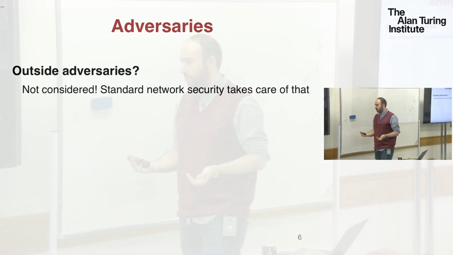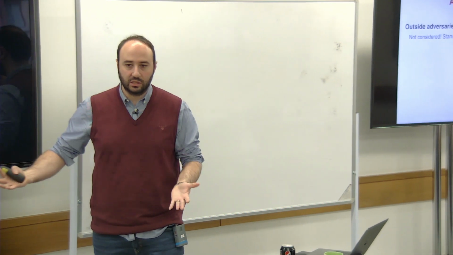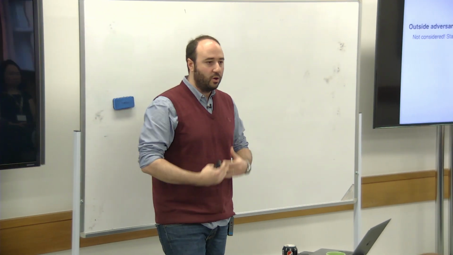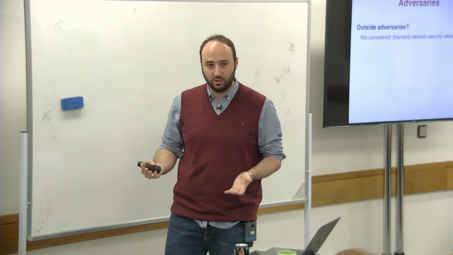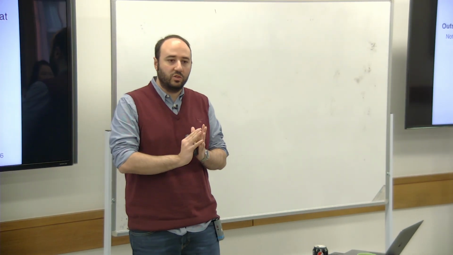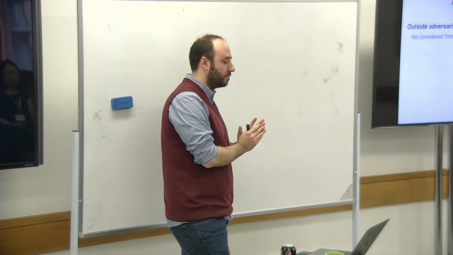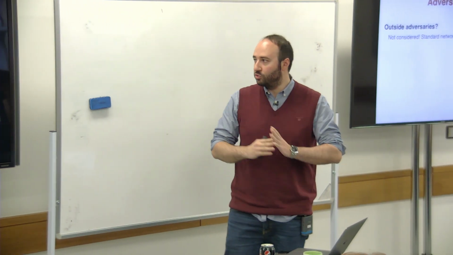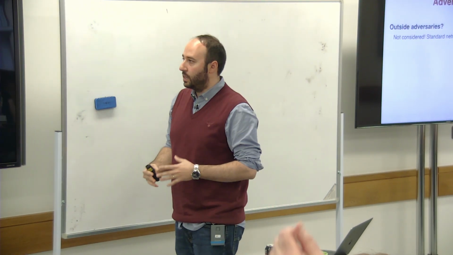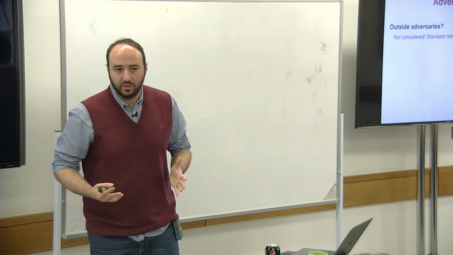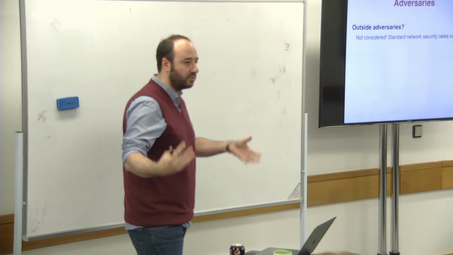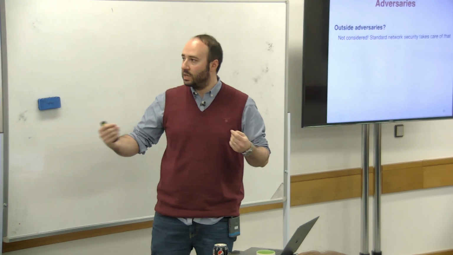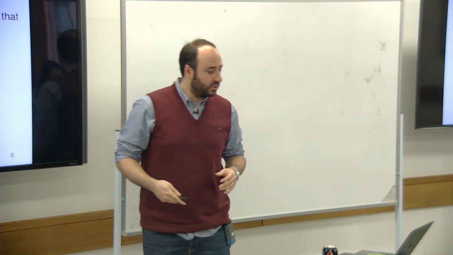That's what I mean by outside adversary. Here we don't consider them, not because they're not important, or because we think that they don't pose a problem, but because it's an orthogonal problem that can be addressed through standard network security protocols, right? If you have a secure, authenticated channel of communication between Alice and Bob, you should be fine. Okay, so we don't consider that.